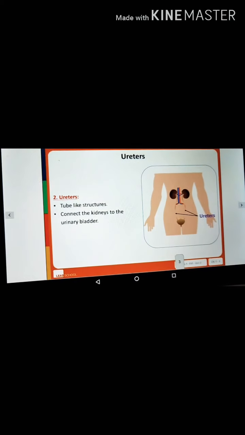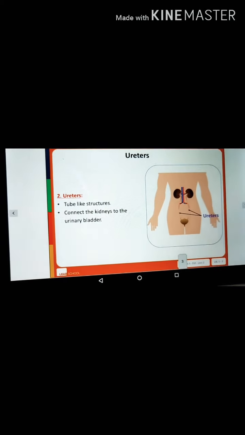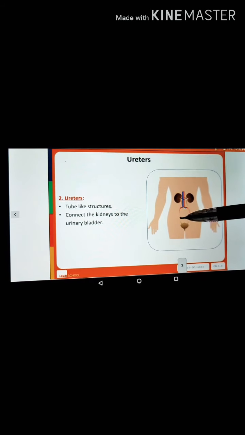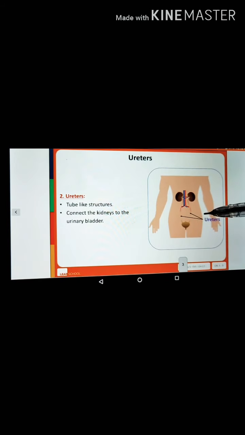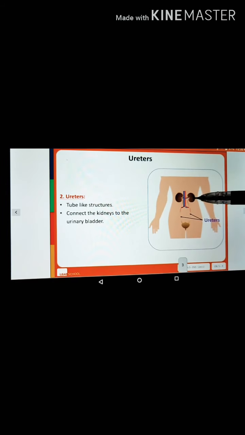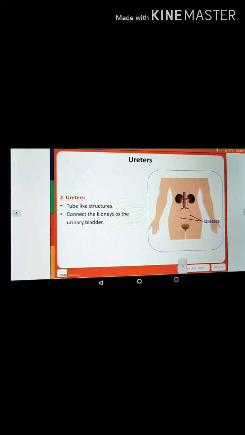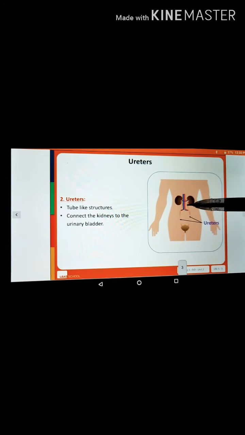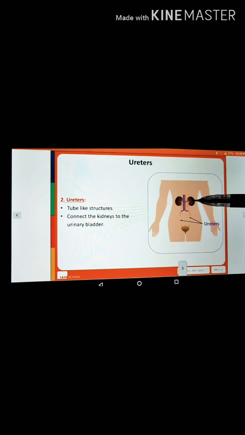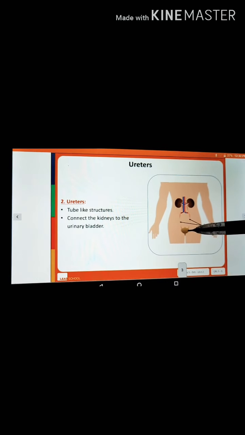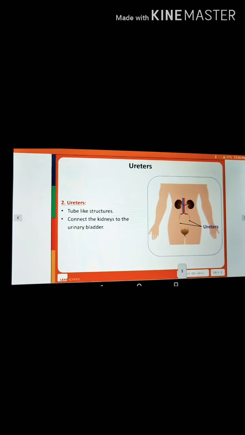Next is the ureters. Ureters are tube-like structures that connect the kidneys to the urinary bladder.